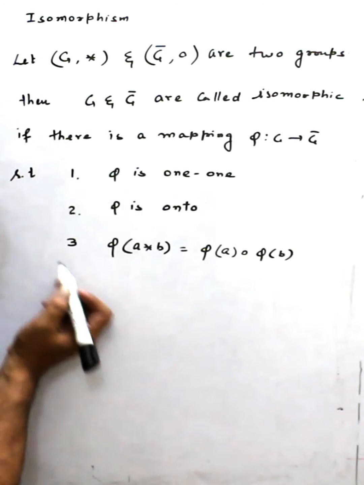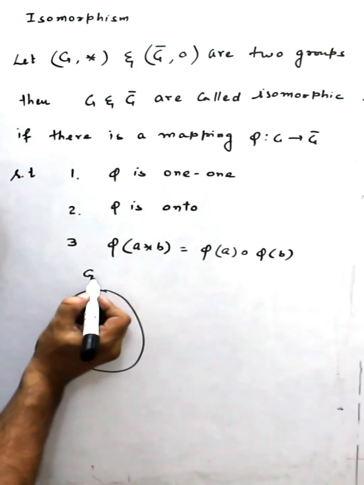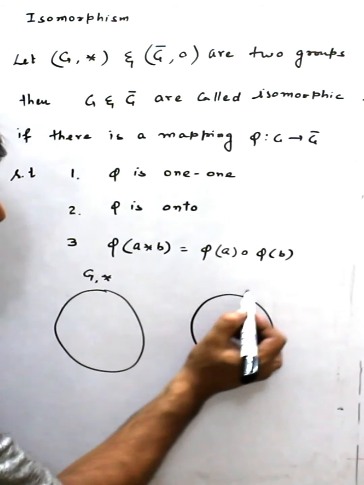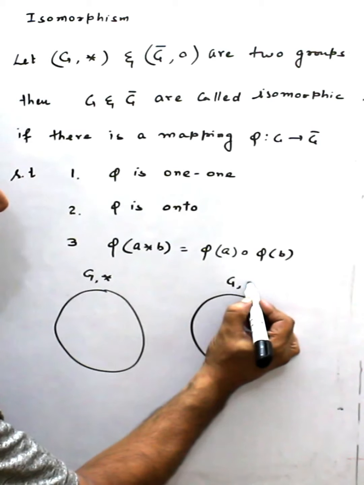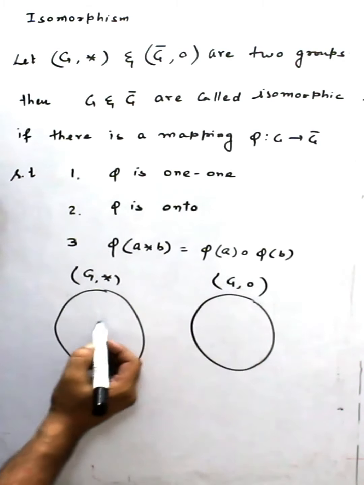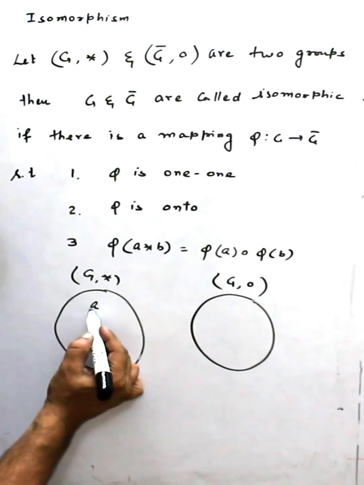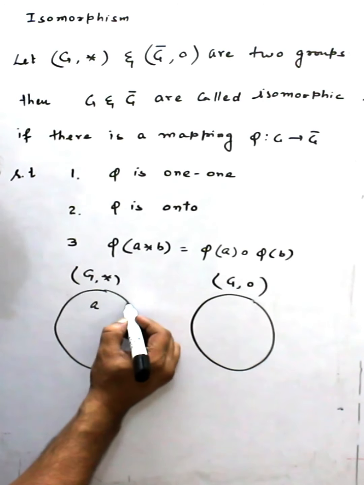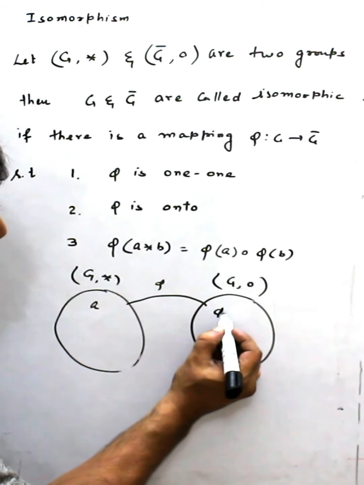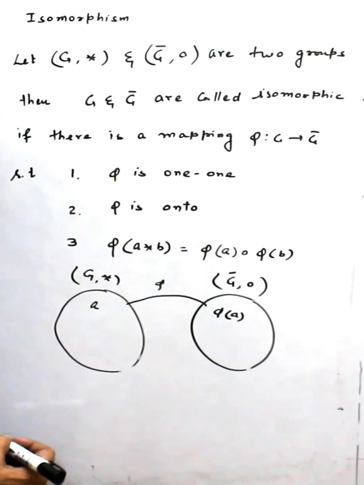Geometrically, how can we say it? Suppose this is our G and the operation is star, and this is G bar and the operation is O. So these are two groups. So if A belongs to G and phi is the mapping, then obviously phi A belongs to G bar.